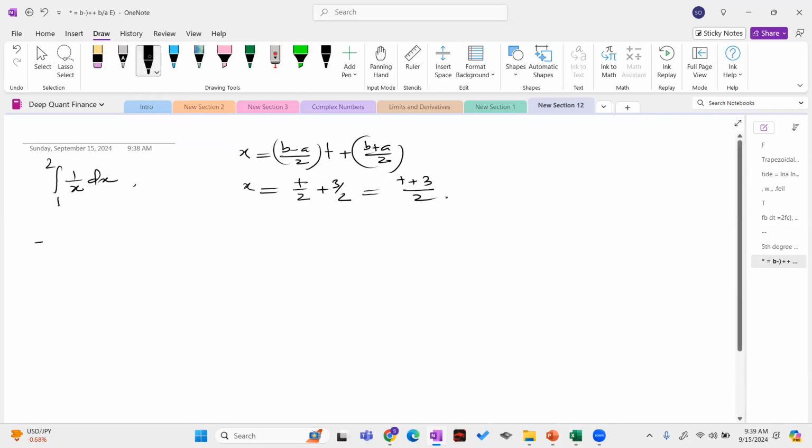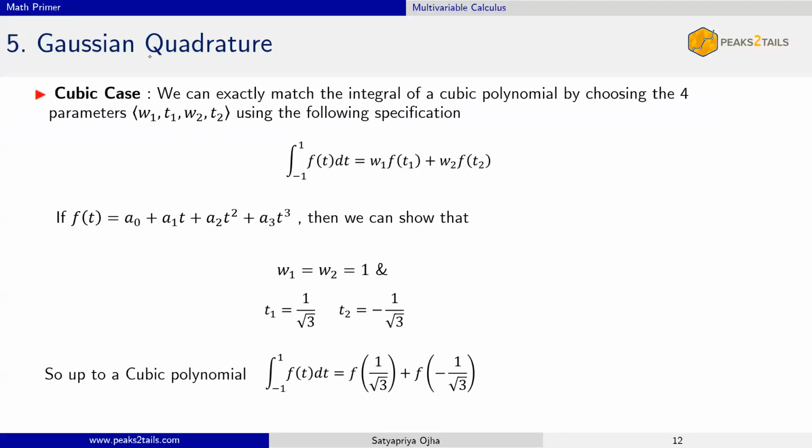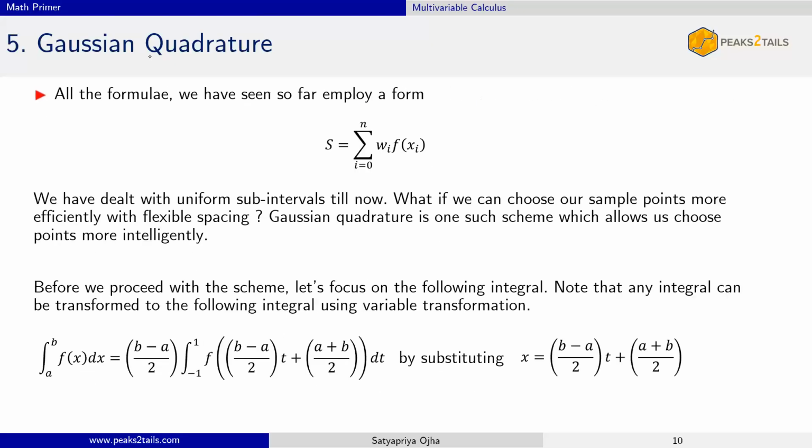Now remember, what does this integral become? Let me go back. If you see this integral, it becomes this integral: f of ((b minus a) by 2 times t plus (a plus b) by 2) dt, the limits become -1 to +1, and there is a constant that goes outside, which is (b minus a) by 2.